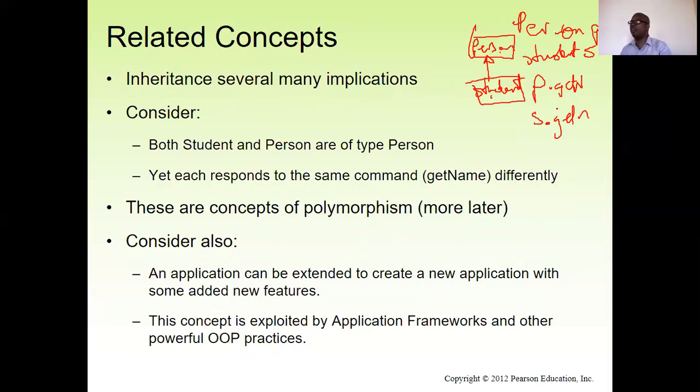One ran it from the parent class and one ran it from the child class, depending on which one was the type. So P was a person, so it ran the getName in the person class, and S was a student, so it ran from the student class. Now, we have to note that the object type is what determines which version of the method gets executed. Right? And we saw that clearly here.